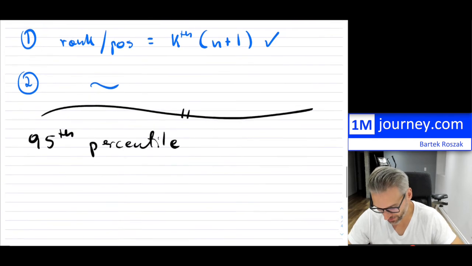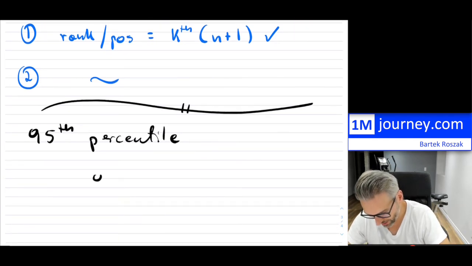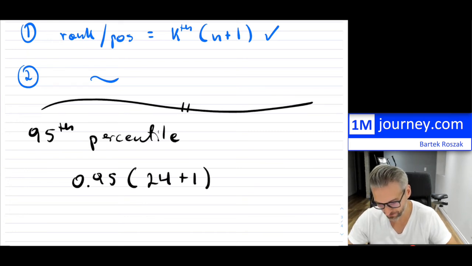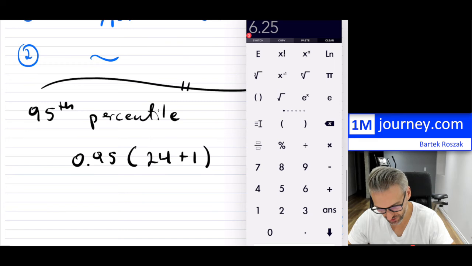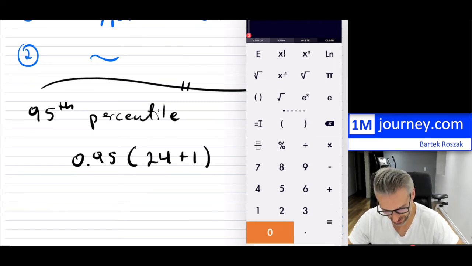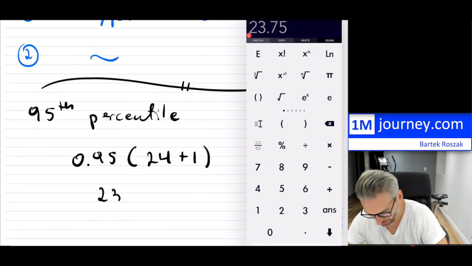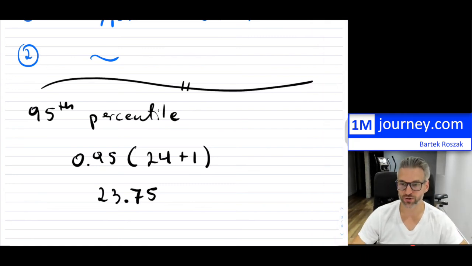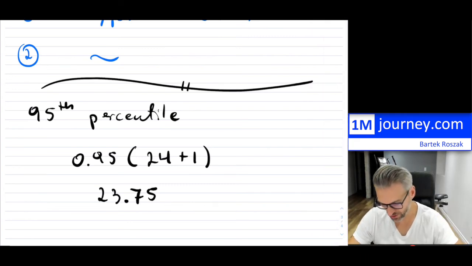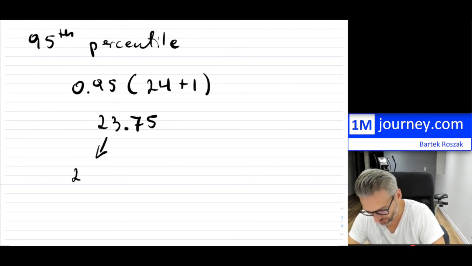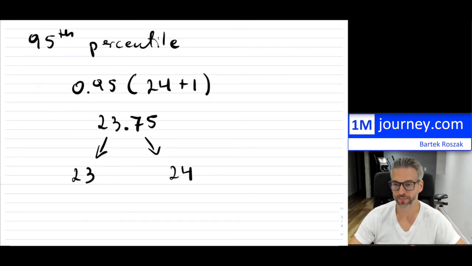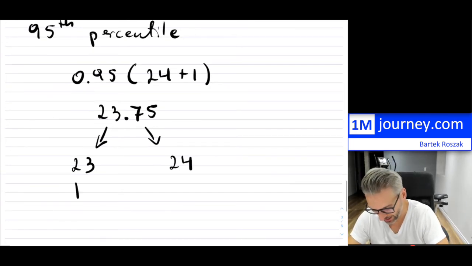So for this, I would say 0.95, I have 24 points plus 1, so that's 25. 0.95 times 25 is 23.75. Now, that shouldn't surprise you because we have so few data points. So what I need is the 23rd data point and the 24th data point. Those are the 2 data points that I need.